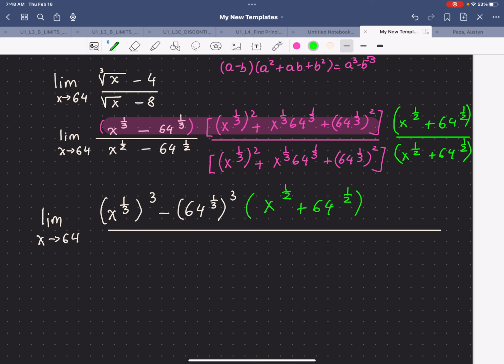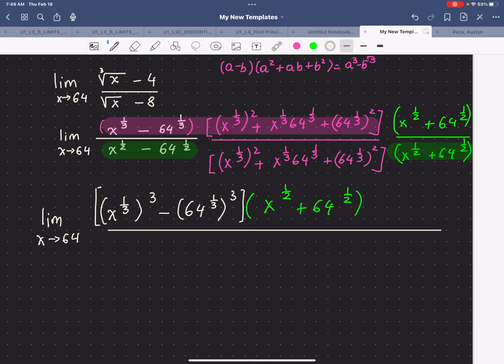We'll keep the difference of cubes that we created here in brackets because it is more than one term and we have multiplication. And in the denominator, we will multiply x to the power 1 over 2 minus 64 to the power 1 over 2 by x to the power 1 over 2 plus 64 to the power 1 over 2.